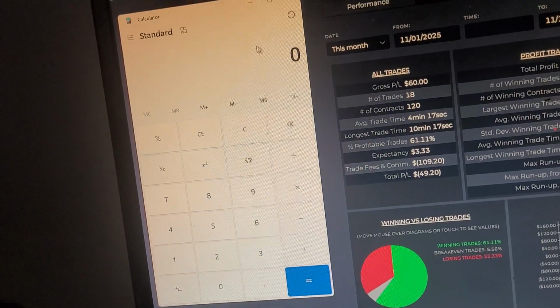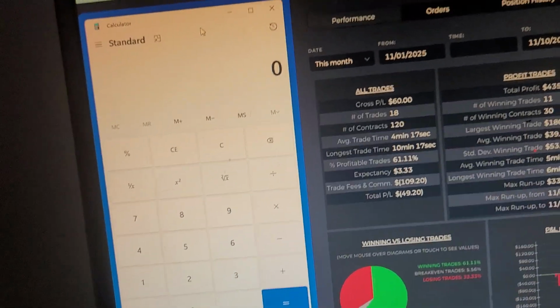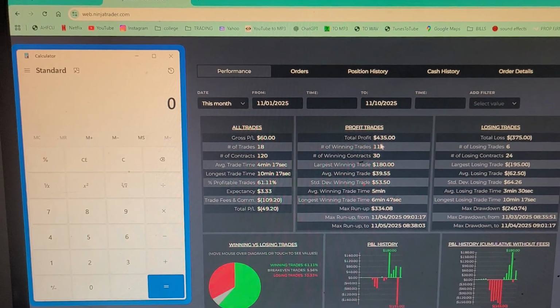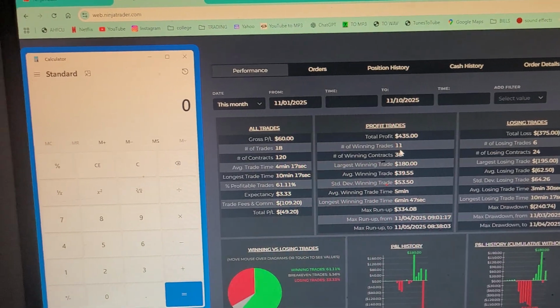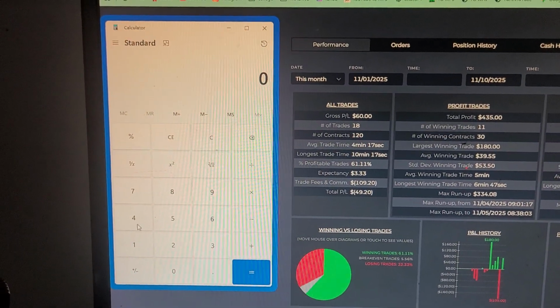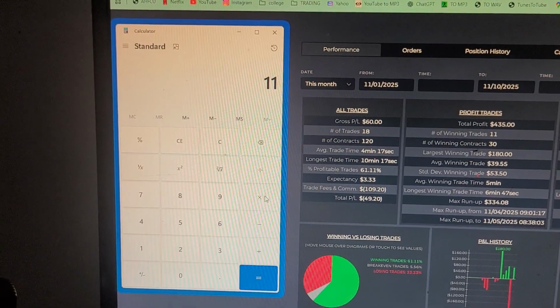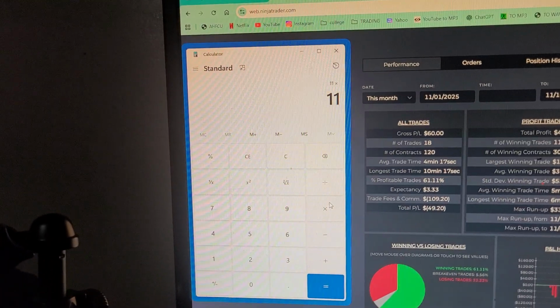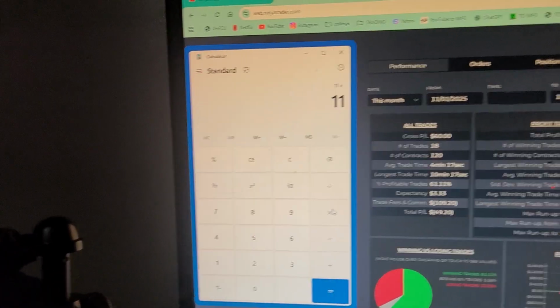So let's look over here. As you can see, we got 11 wins and 6 losses. Let's assume the TP was $200.